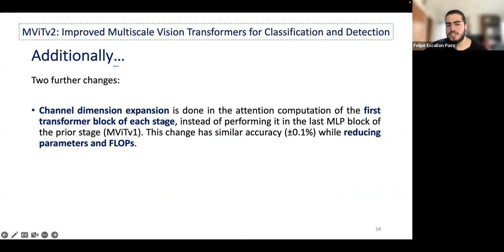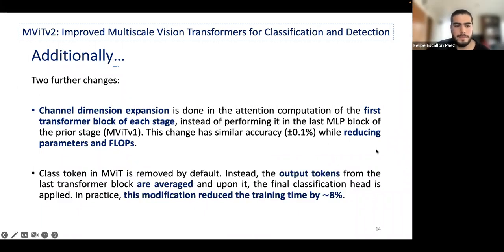This is a subtle change, but this reduces the parameters and flops without a big change in performance. Also, they removed the class token so that they had a much smaller training time. And what they did instead was that the output tokens were averaged, and then the final classification head was applied. So this is not very important, but these are some of the changes they made to reduce the computational power while maintaining a high performance.